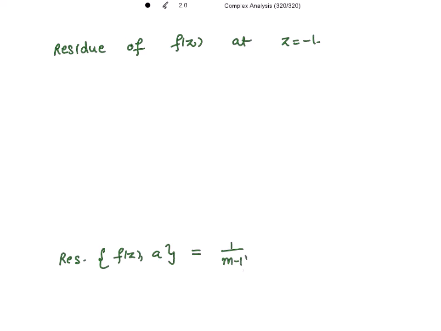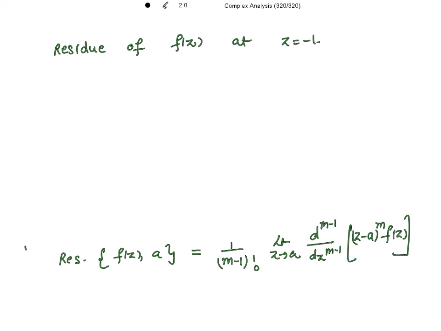So the residue of f(z) at z = -1. What is the formula for calculating the residue of f(z) at a? So that is 1 divided by (m - 1) factorial, limit z tending to a, d^(m-1)/dz^(m-1), that is differentiating the function m - 1 times, of (z - a)^m f(z).